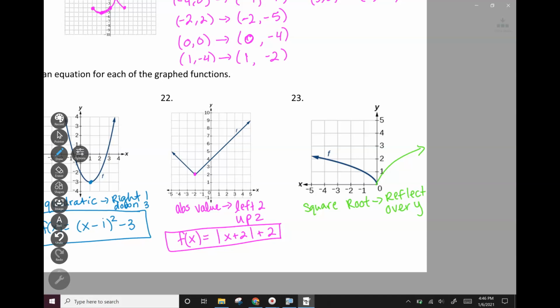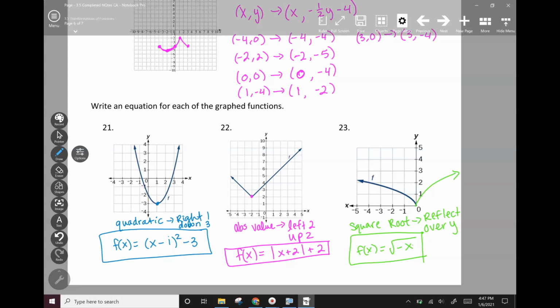No shift up, down, nothing else. So just reflected over the y-axis. So remember, when it's reflected over the y-axis, that means you're multiplying your x by a negative. You're multiplying the inside of the function by -1. So this will be f of x equals square root of -x. That negative makes it reflect over the y-axis.